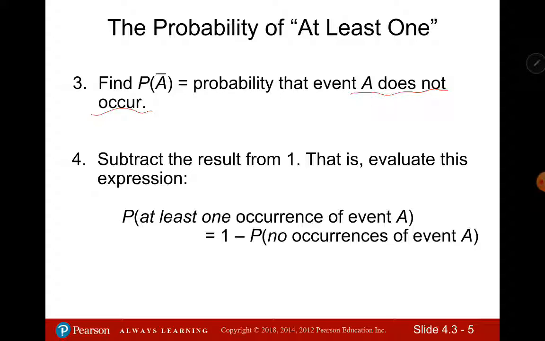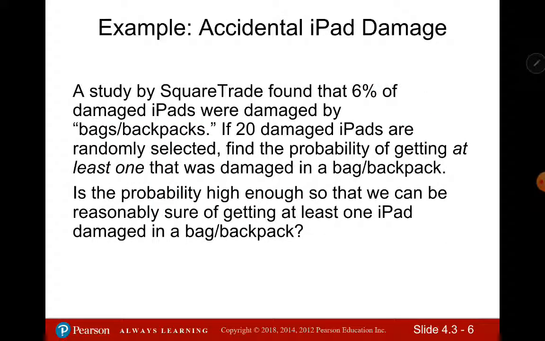So you should use the complement rule. Use 1 minus the probability of 0 to get the probability of at least 1. So this is step by step how to do this kind of question.